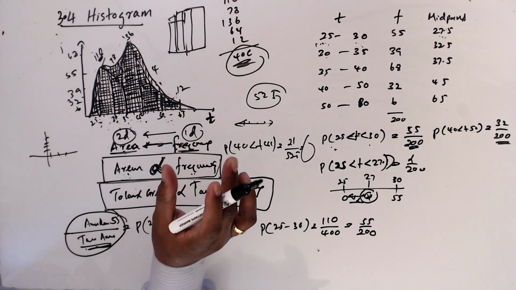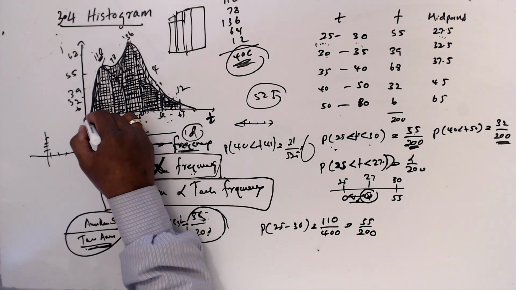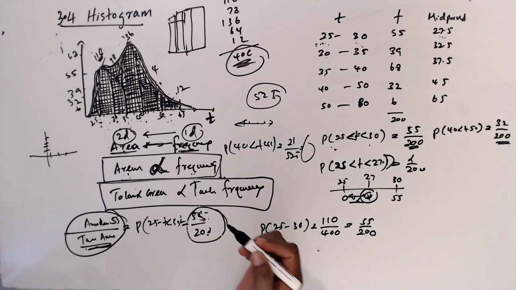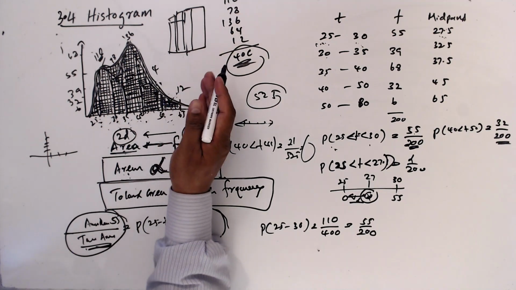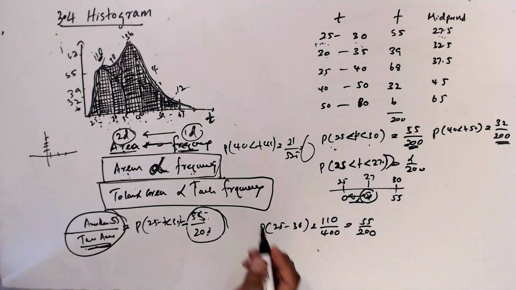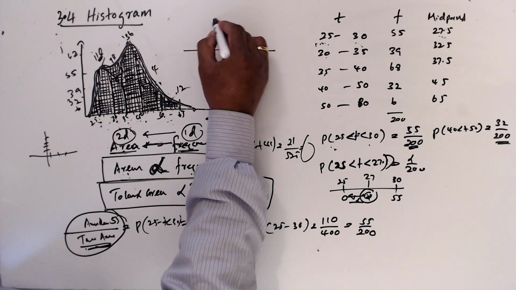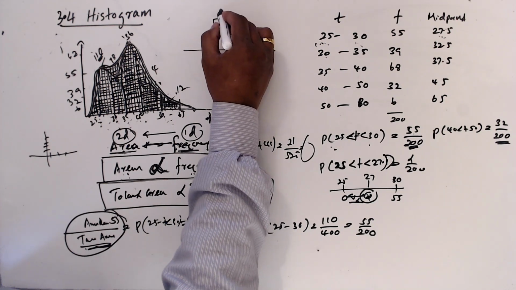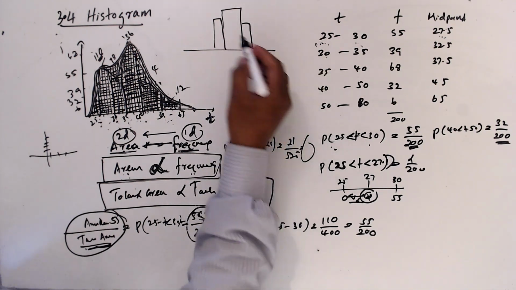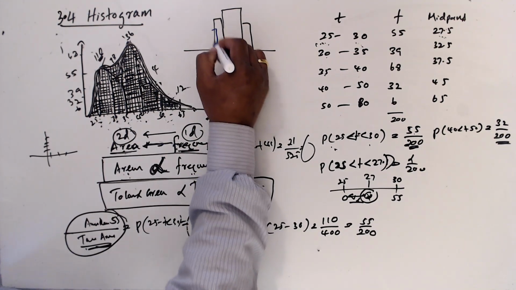The class width we make more and more smaller to smooth. It is not smoothing by just drawing like this; that is not a technique. The technique is making the class width smaller and smaller. Assume this one, then we break it into smaller class widths from here, like this.